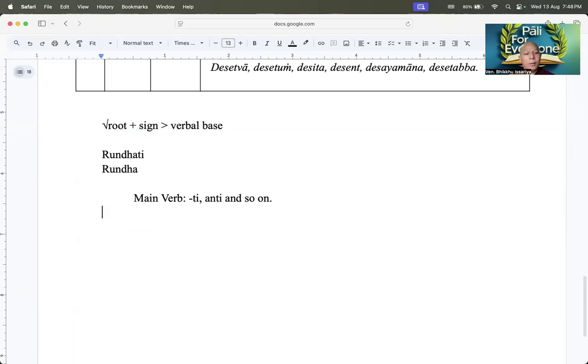And then the dependent verb. Dependent verbs are like doa and do, and so on. Among them also, these dependent verbs have two parts.